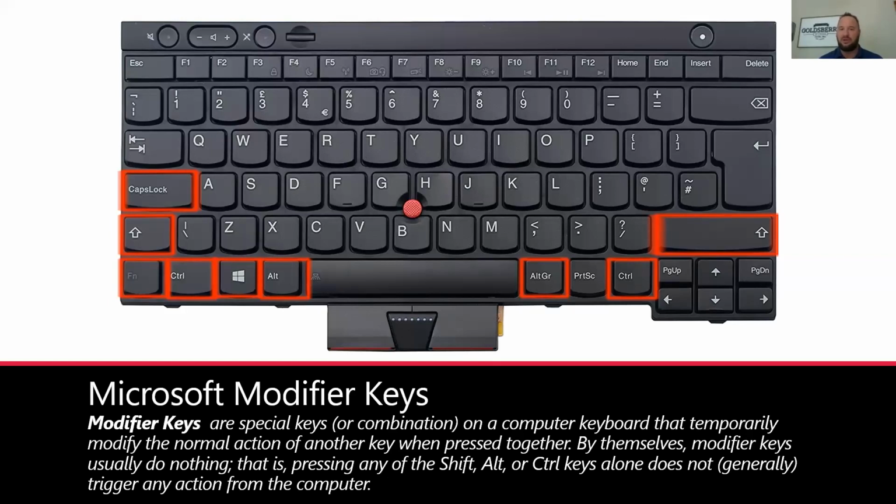Those are usually used in combination with another key on the keyboard to create a shortcut or a hotkey. And I think that pretty much makes sense to most people that are listening in, but wanted to highlight that. Those are called your modifier keys, and those are kind of your starting point for hotkeys.